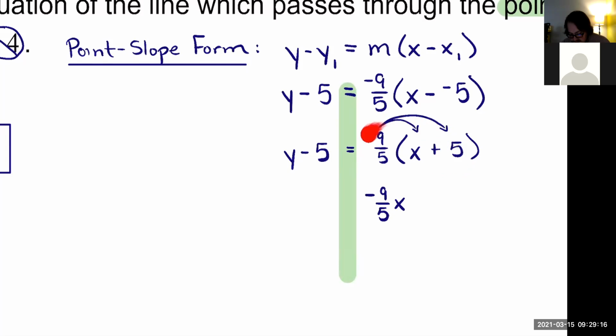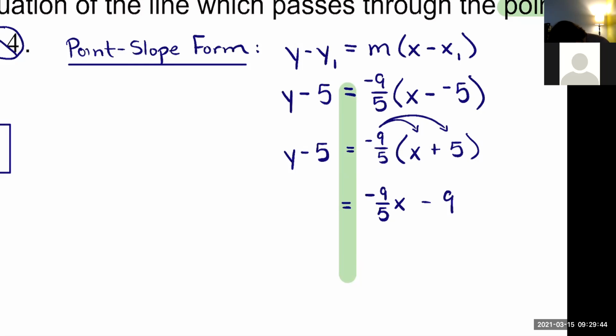So 5 times negative 9 would give me negative 45. Take that negative 45 and then divide it by 5. You get a negative 9. So negative 9/5 times 5 comes out to be a negative 9.